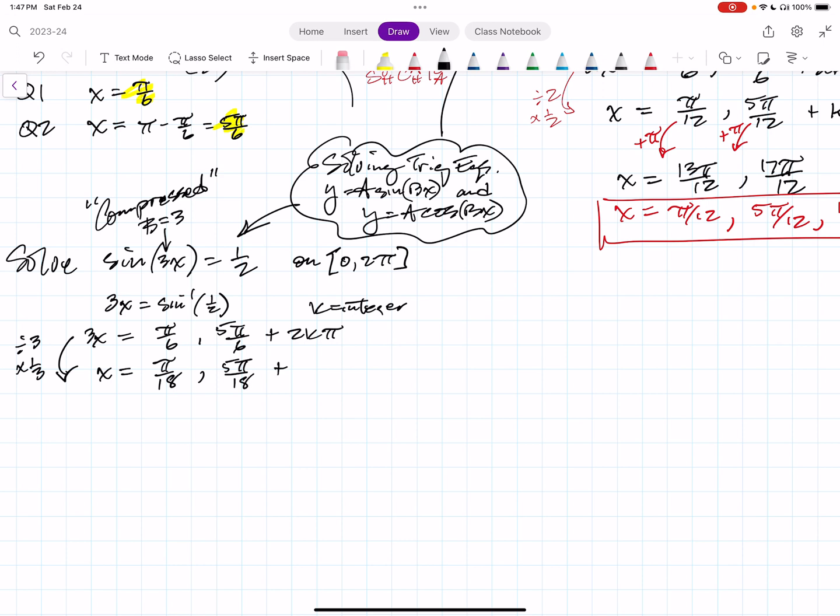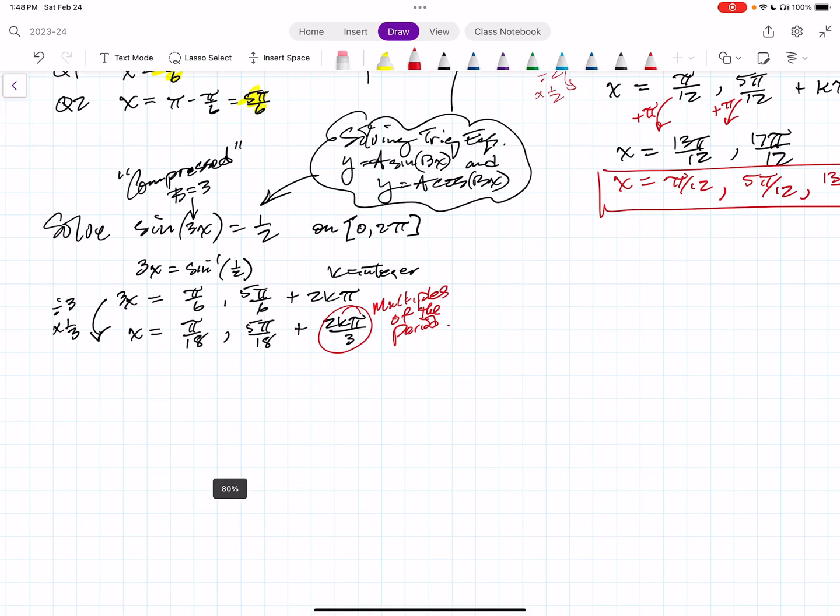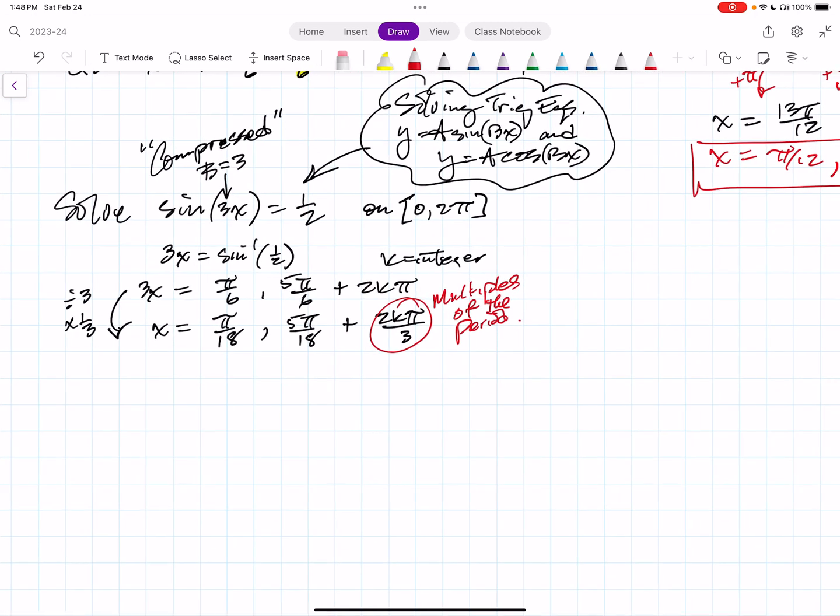Plus, here we got to be careful, we divide by 3, so we take 2k pi, divide that by 3, and we know that that 2/3 pi there is the period. So again, what this means right here, we're adding multiples of the new period, which is 2/3 pi. If b is 3, that tells you that the period is 2/3 pi, and that's how you get multiple solutions.